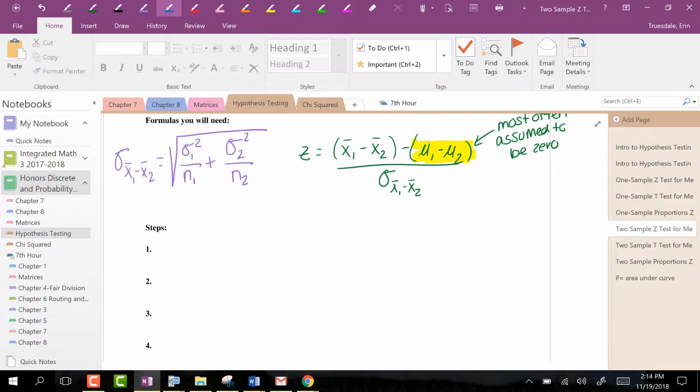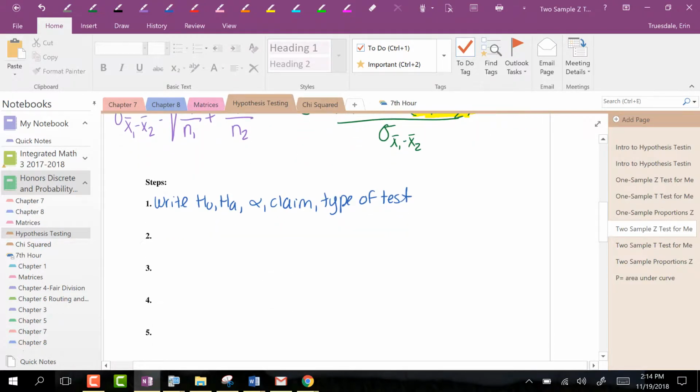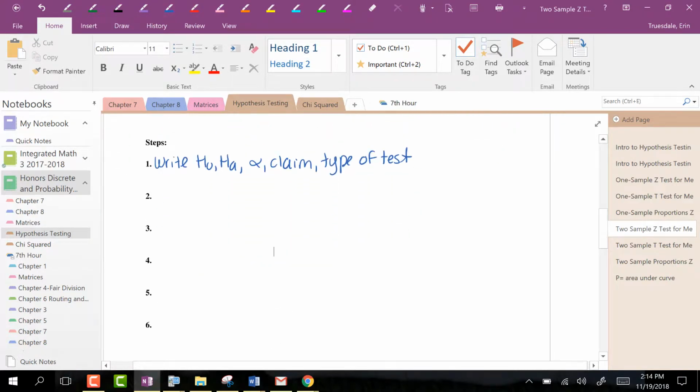Okay, so the steps: we're going to write H0, HA, alpha, the claim, type of test. Nothing new there. Step 2, you're going to identify x1 bar, sigma 1, n1, x2 bar, sigma 2, n2.